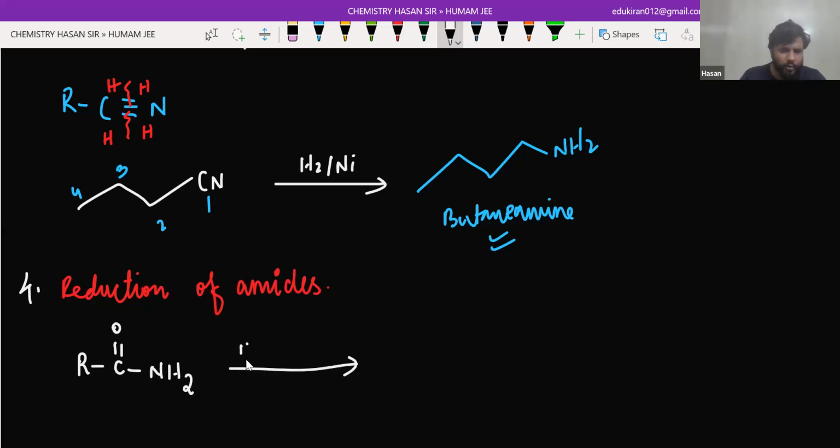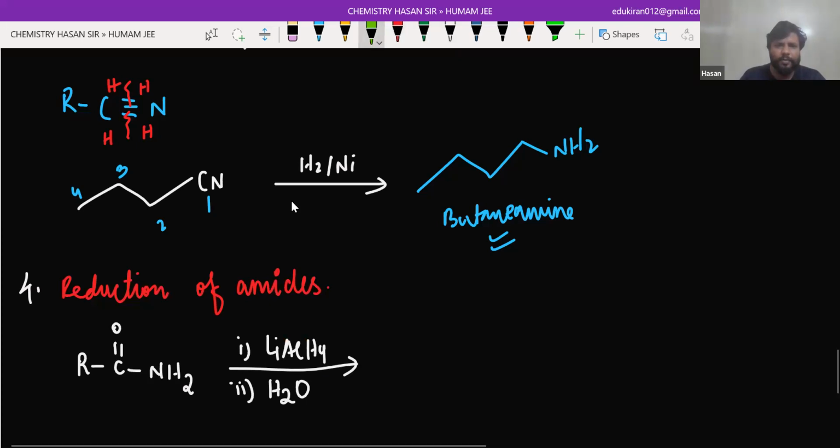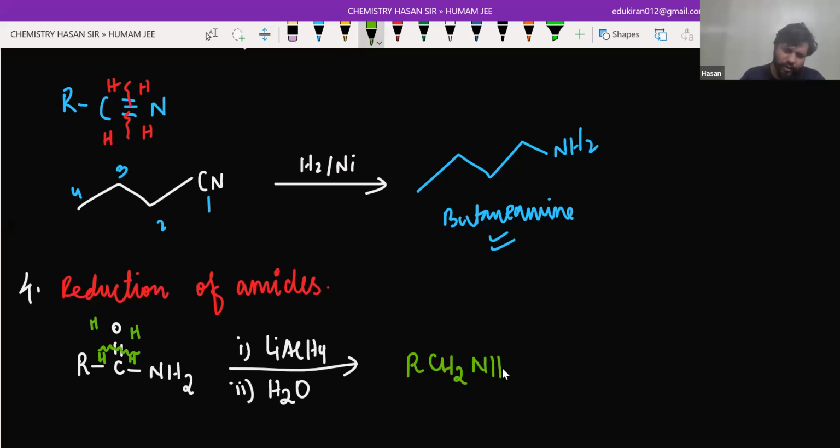We are going to use lithium aluminum hydride, which is a strong reducing agent, followed by hydrolysis. Very simple things will happen. This bond will be broken, hydrogen will be added here, hydrogen will be added here. Then this will be broken, hydrogen will be added here, hydrogen will be added here. And you will get RCH2NH2, and water will also be there.